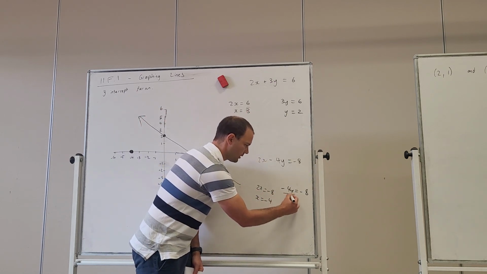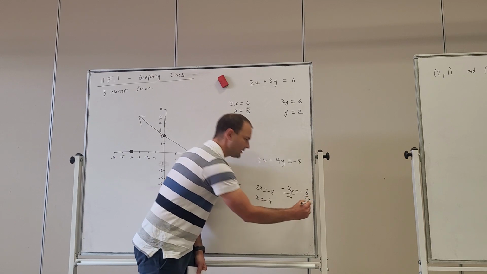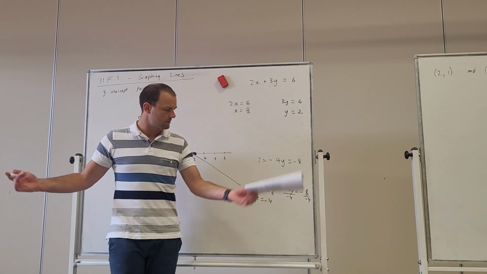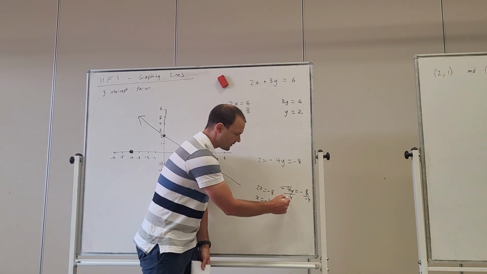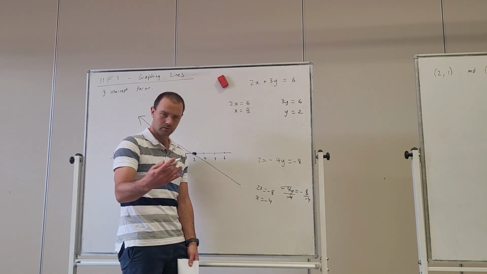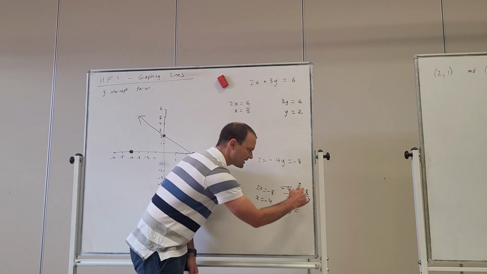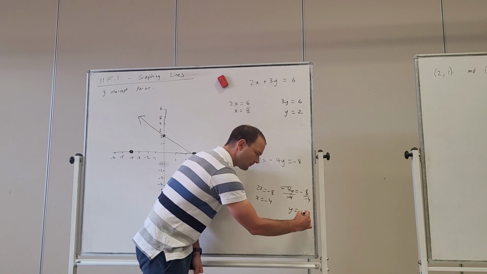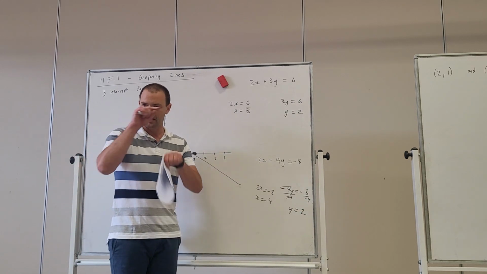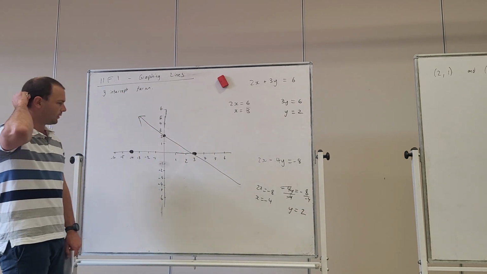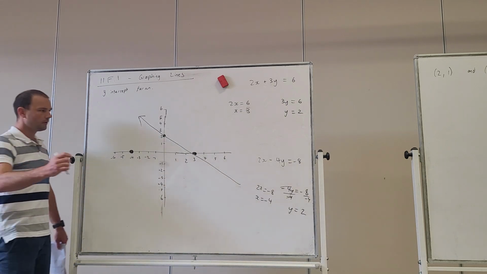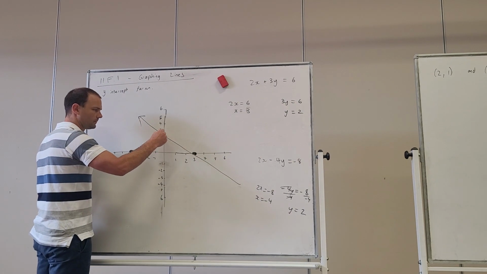Alright, so I was showing you equations yesterday. We do anything we want as long as we do it to both sides. Here we have minus 4 at the top and bottom. We'll cancel. And minus 8 divided by minus 4 is positive 2. Two negatives will cancel. 8 divided by 4 is 2. So then the y-intercept is 2.